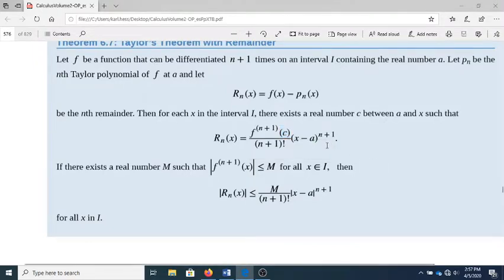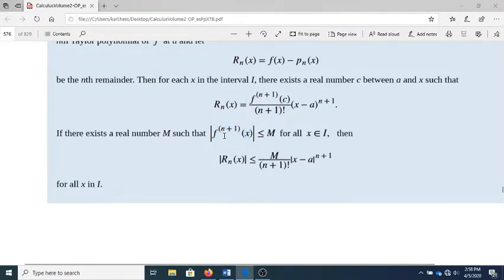Now the catch is, there's no easy way to know exactly what that x value was. If there was, we could get the exact error, add it to our approximation, and get the exact answer. We usually can't do that. But what we could do is figure out the maximum of the absolute value of the n plus 1 derivative on the interval between x and a.